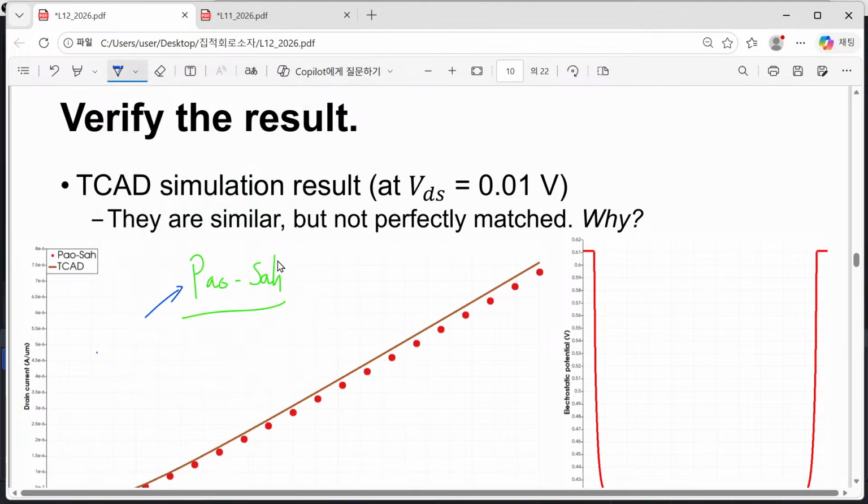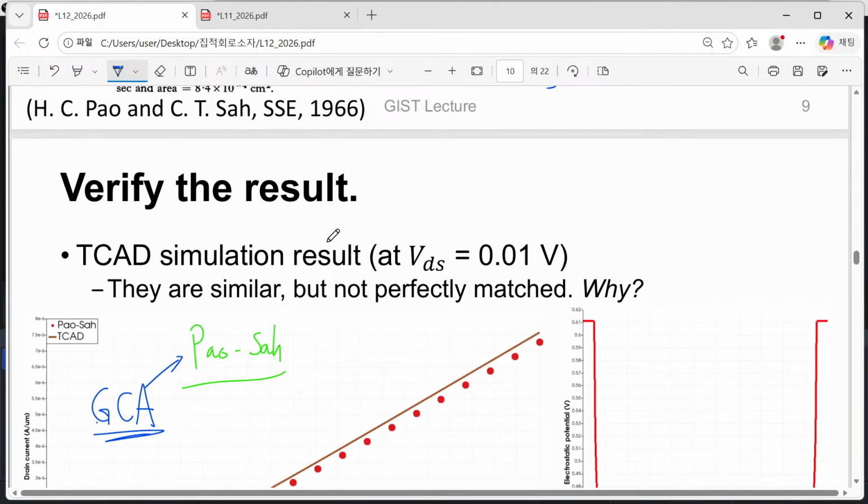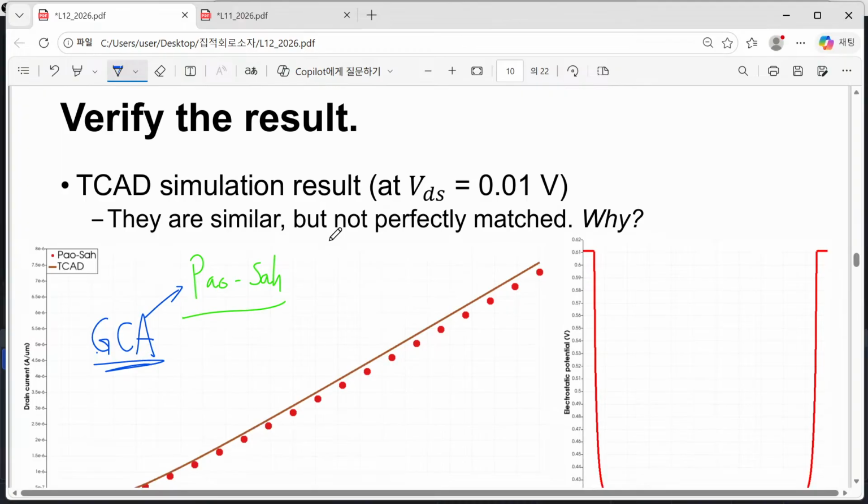But please note that from its starting point, we have already assumed the gradual channel approximation. That was one thing. So is it really a 1% difference, 2% difference? What is the exact value? Let me just show it to you. For that purpose, we can just entirely analyze this original two-dimensional space. Then the result is shown here.